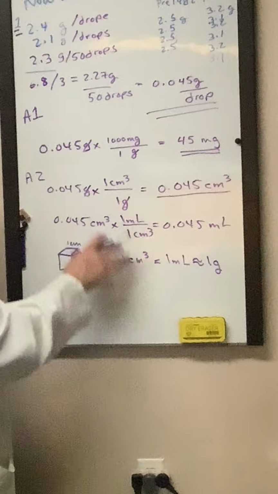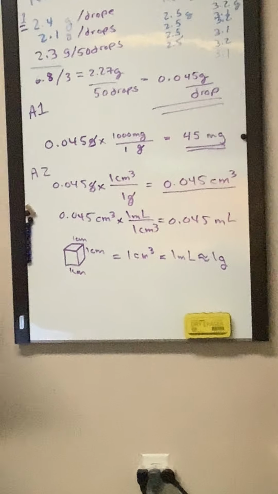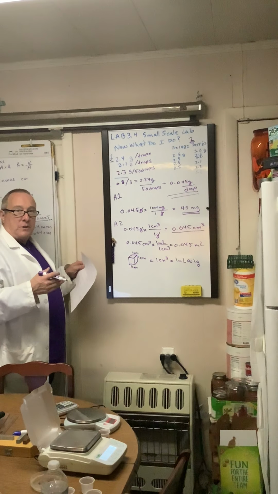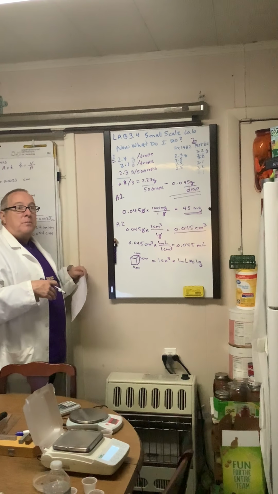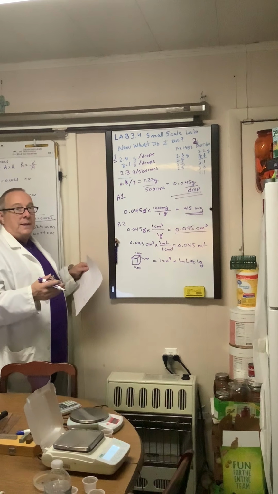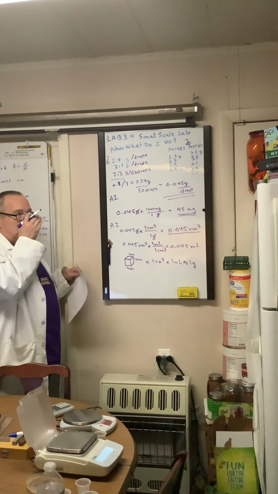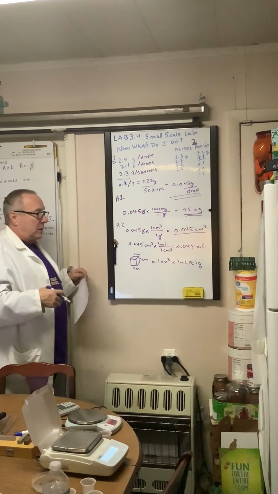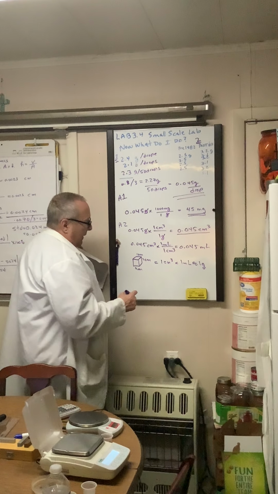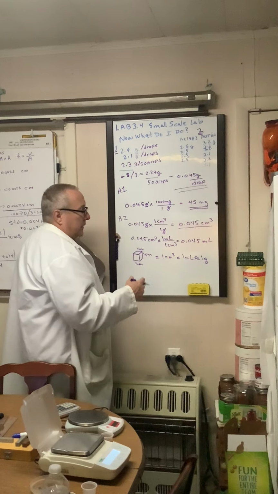So the last part of this said, what's the volume in microliters? There are 1 million microliters, given that prefix, in a liter, and 1,000 milliliters in a liter. Milli as in millennium or 1,000, micro as in 1,000,000 in case of our terminology and our definition. So there are 1,000 microliters in a milliliter.